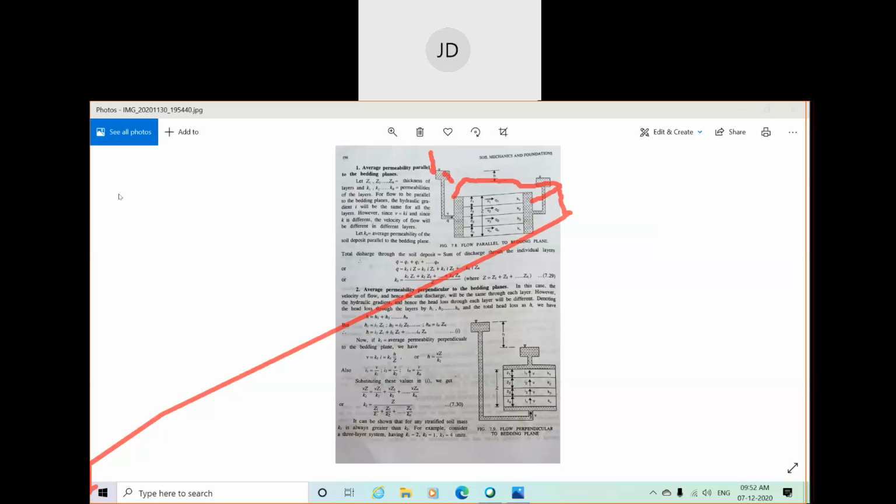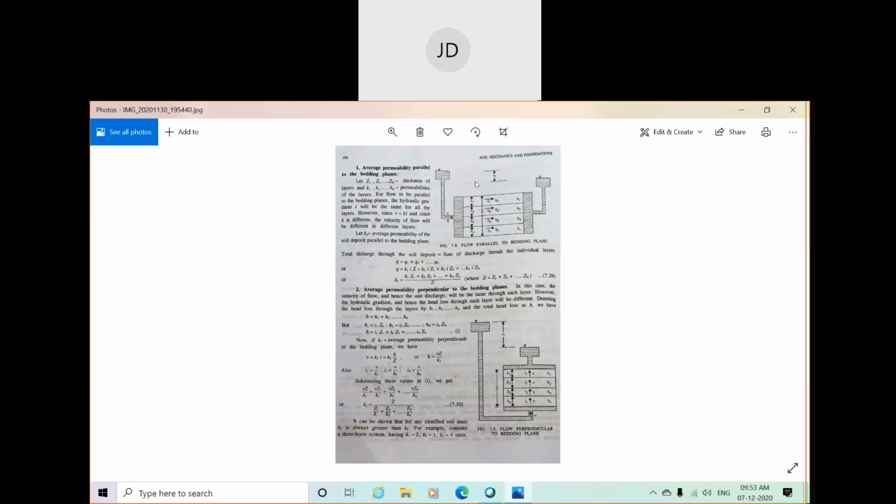Can you understand? You cannot see the thickness here, so we consider unit thickness.